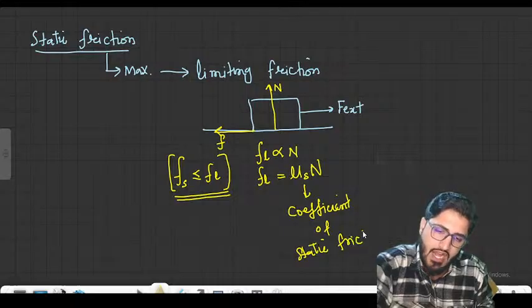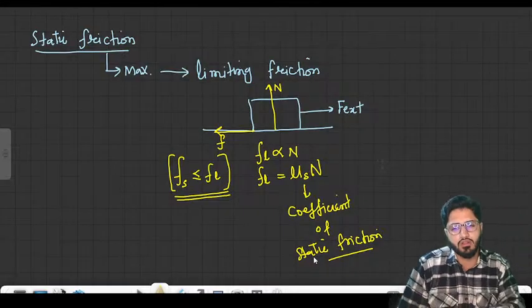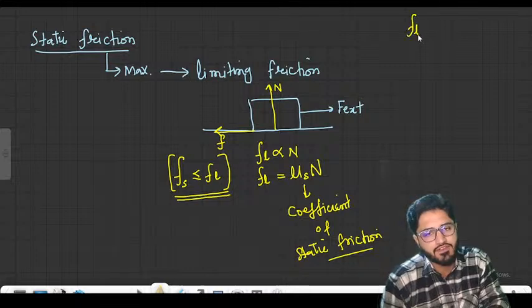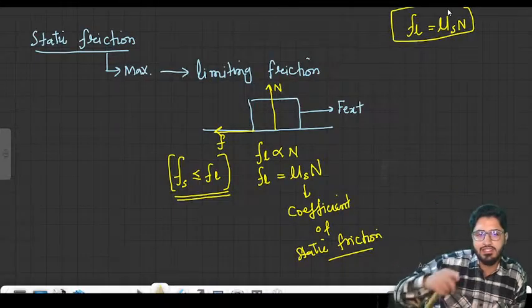So what you need to learn is that limiting friction is equal to mu s times N. That's all. Up to now, only this thing you have to remember.